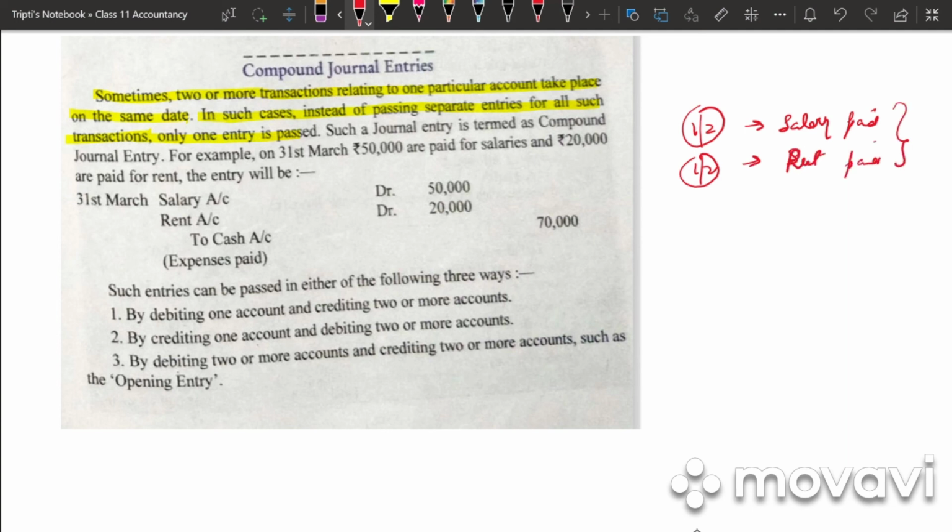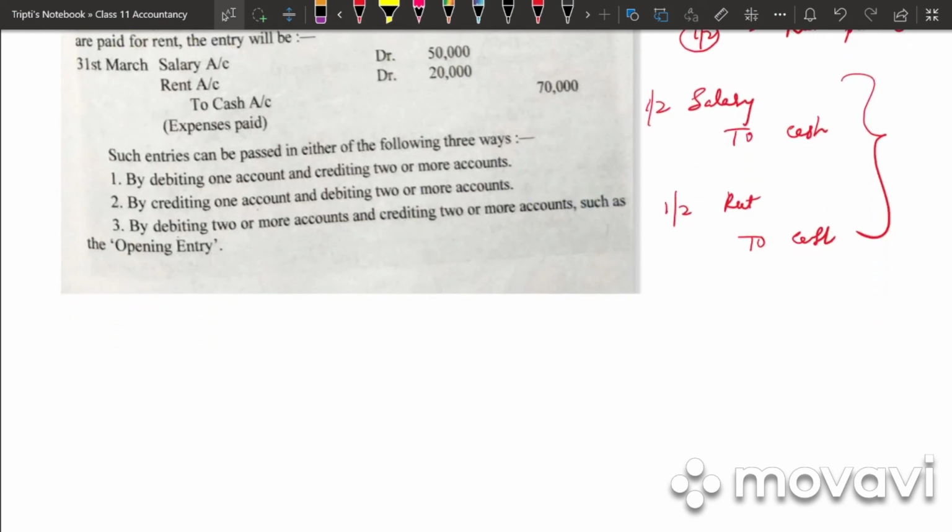So इसमें अगर आप अलग अलग transactions pass करेंगे, so what will be the entry? It is salary to cash on 1st February. Again on 1st February it is rent to cash. So instead of passing separate journal entries, आप 1st February को एक ही journal entry pass करेंगे, that is salary account debited, rent account debited to cash account.